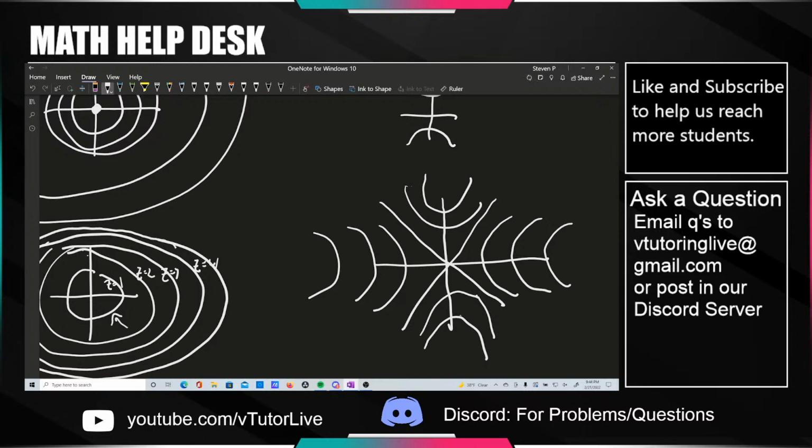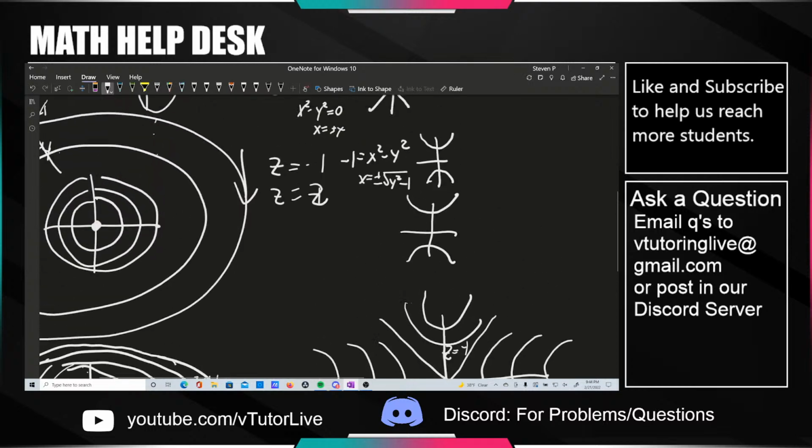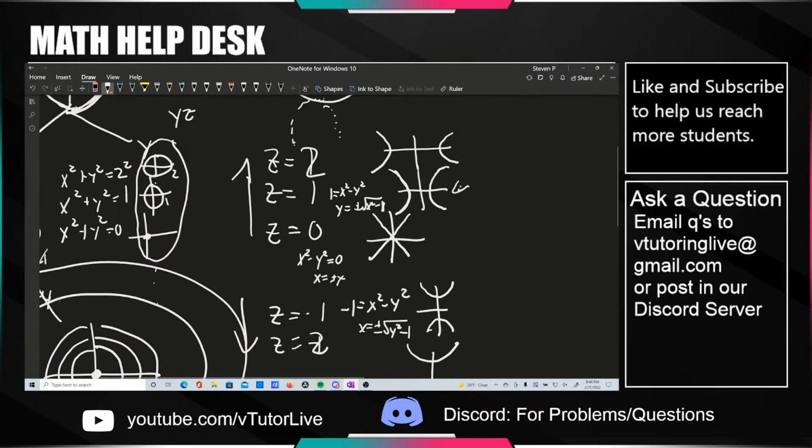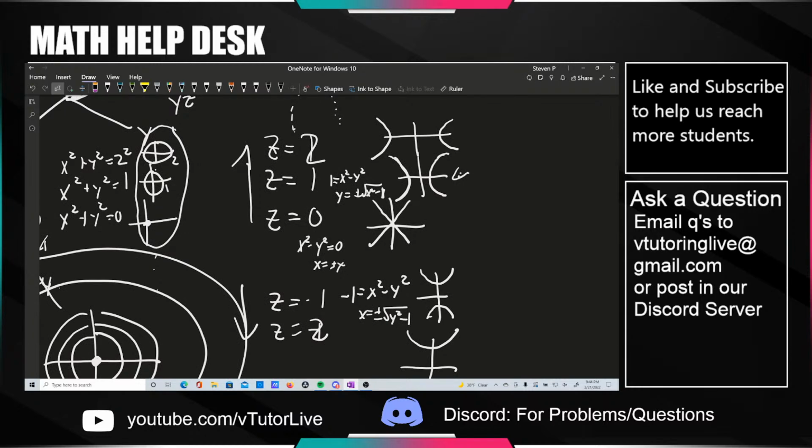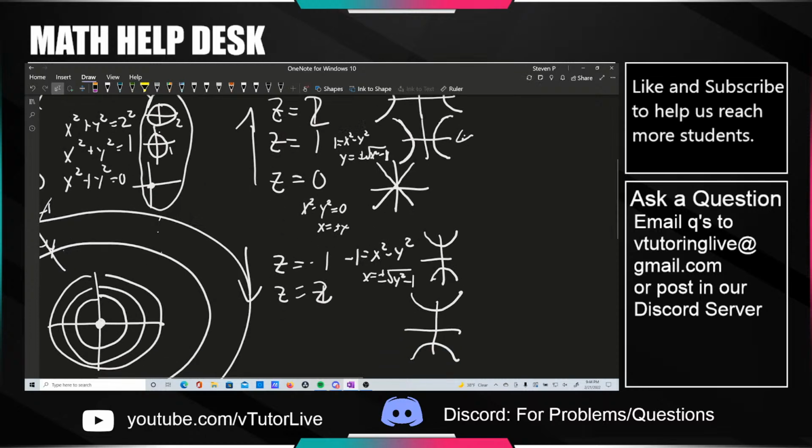Sorry, you may also have to scrunch the lines together a bit to indicate steepness, but that's hard to represent. But just remember that these are the positive z's, and these are the minus z's, if I remember correctly. And yeah, the contour map is just superimposing all of the traces together.